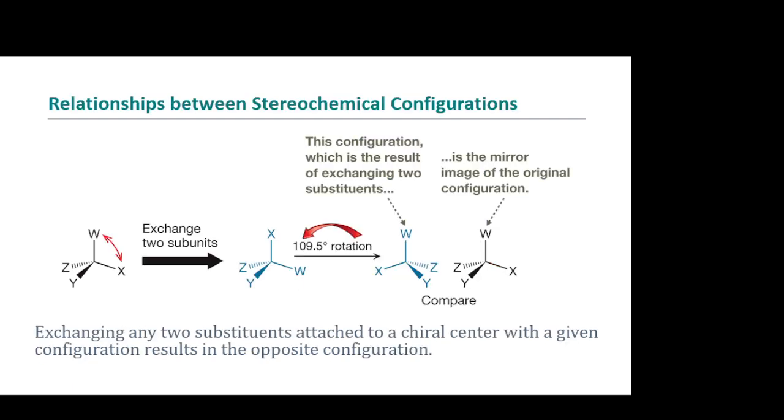Now, let's go ahead and look at drawing in, getting the other chirality out of these things. Now, how you're going to do this is if you have one of the chiral centers, so right here we have one of the chiral forms right there, right? Okay. And if we want the other chiral form, what we're going to do is take any 2 atoms that are around that chiral center, and we're going to swap them.